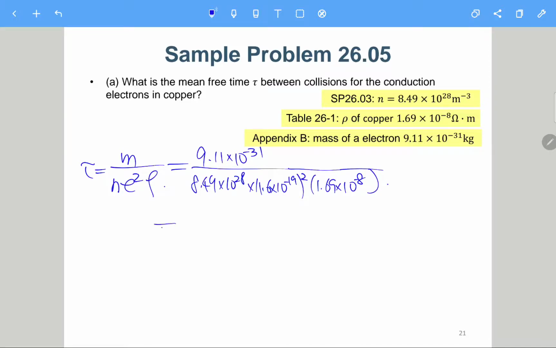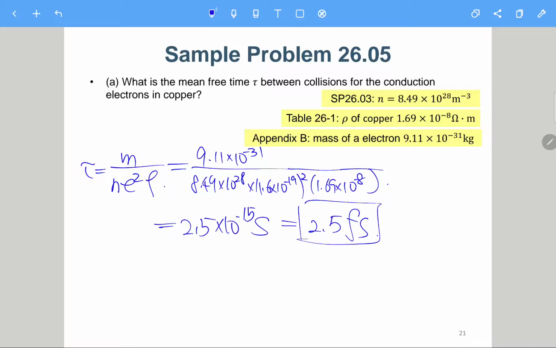So in this case, it takes 2.5 times 10 to the minus 15 seconds, or you can write it as 2.5 femtoseconds.